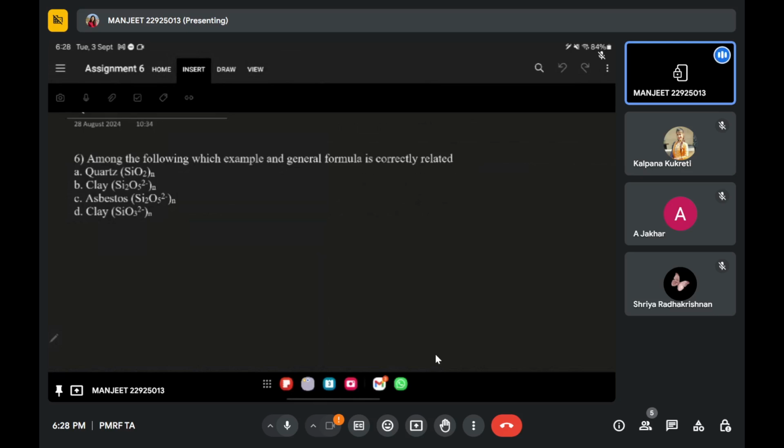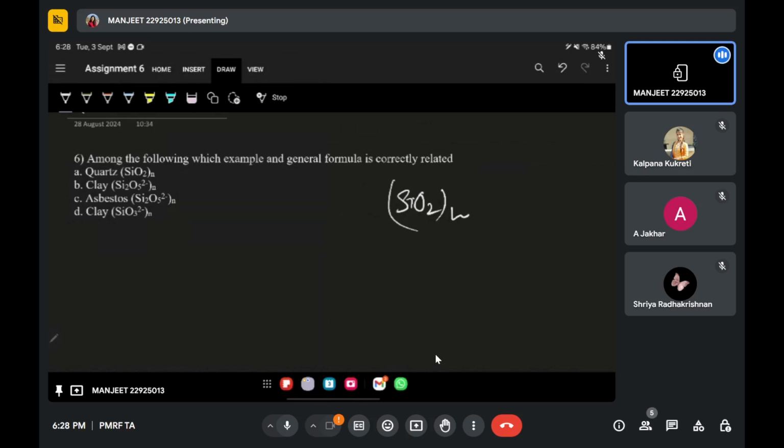Okay, so quartz is basically the silicate. This is having the same formula unit, that is given as the SiO2, and so this is the correct one. Let's move to the other parts also.